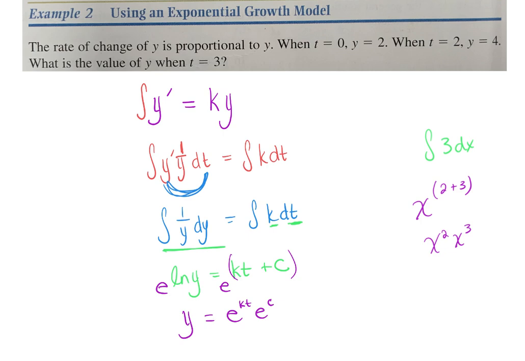So I am going to list this as just my constant, because that's some constant, right? So y equals that constant times e to the kt. And voila, we have our direct proportion. That is our PERT formula that we just created there. Does everybody see that? Yep, that's where it comes from.